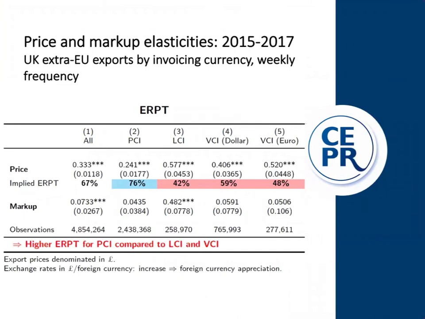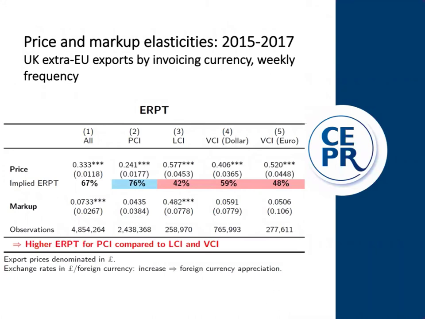Now, we can break this out by invoicing currency, and the main finding here is if we look at prices invoiced in British pound sterling, represented in column 2 of the study, we see that the export prices are not very responsive, implying quite elastic exchange rate pass-through into import prices.